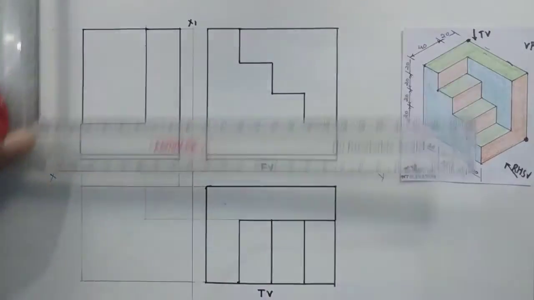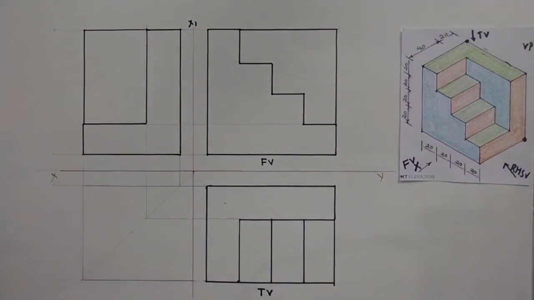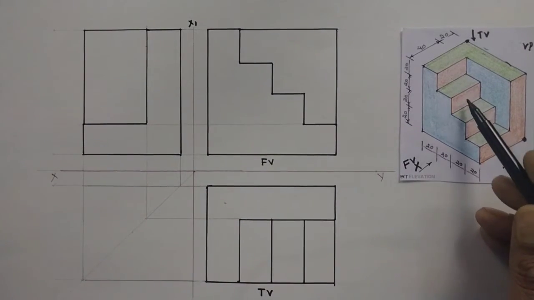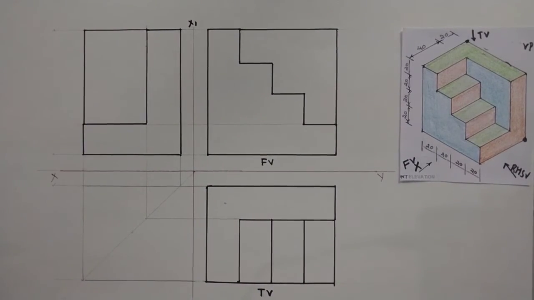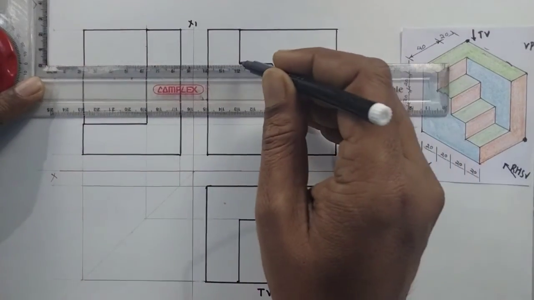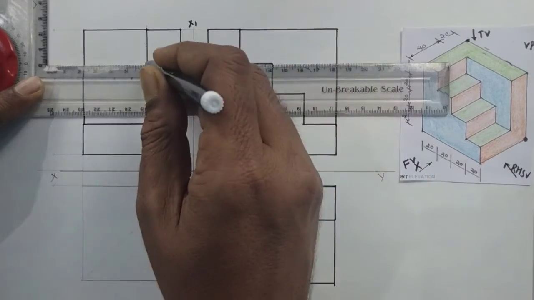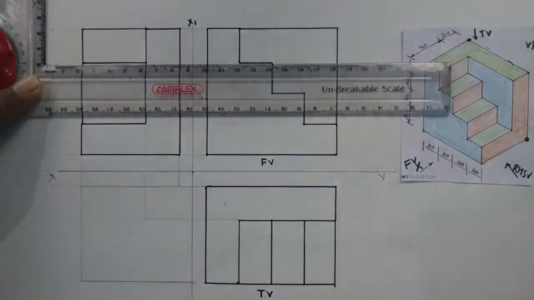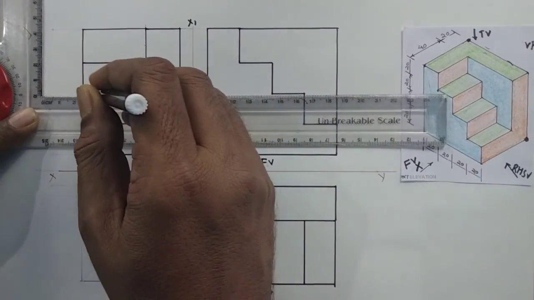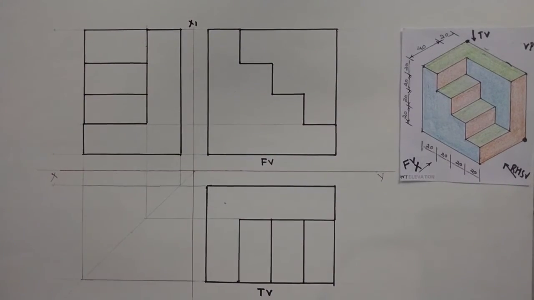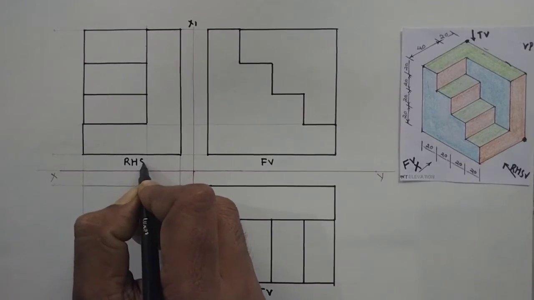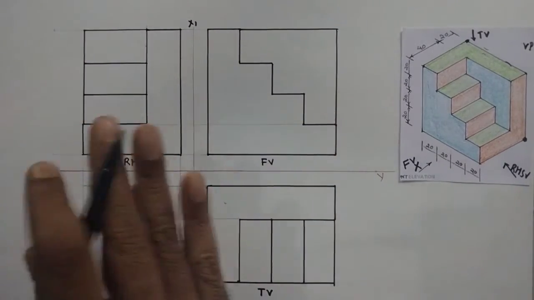Then at the top, inside this small rectangle, I create the three steps. Simply put the horizontal projection here, you have the first step, then from this one you can draw the next. So this is your right hand side view. Always it is on the left side of the elevation.